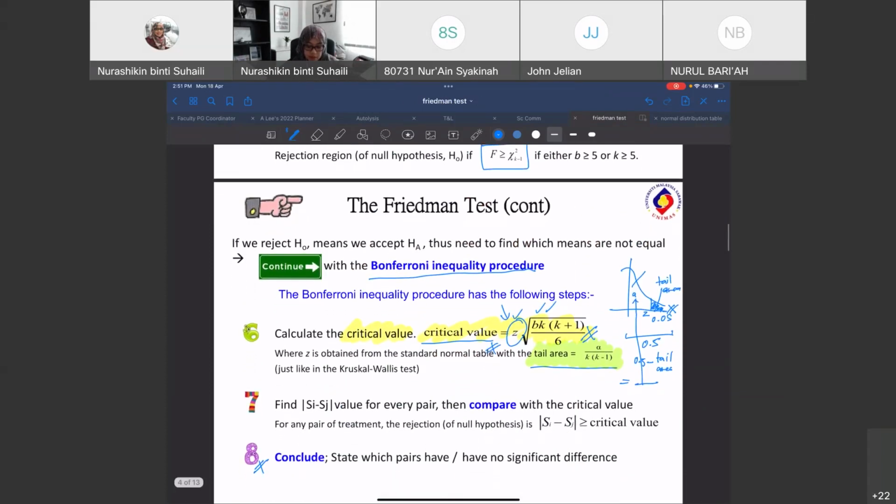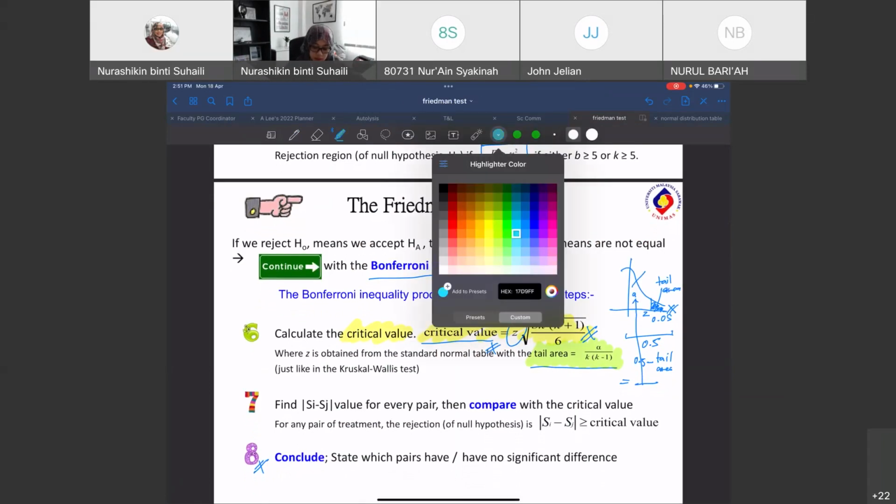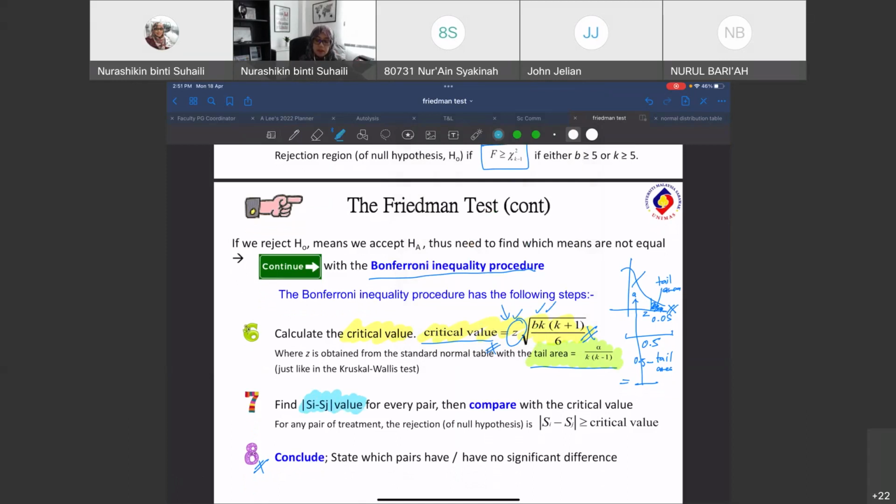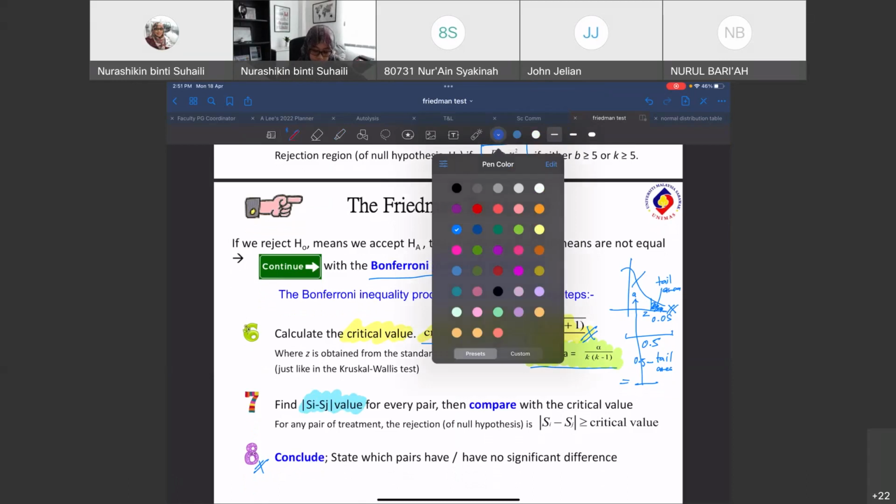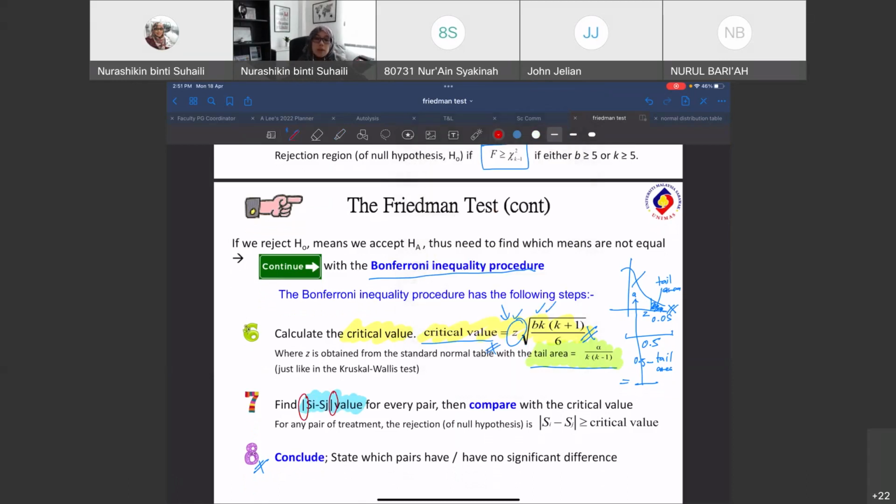And then step 7 is to find this expression. Okay, this one. Please take note of this symbol, it is the absolute value. It means that you're not going to have any negative value. Whatever negative inside that, it will be positive.